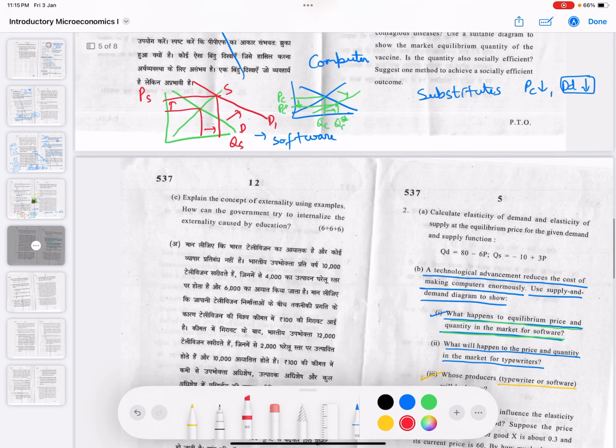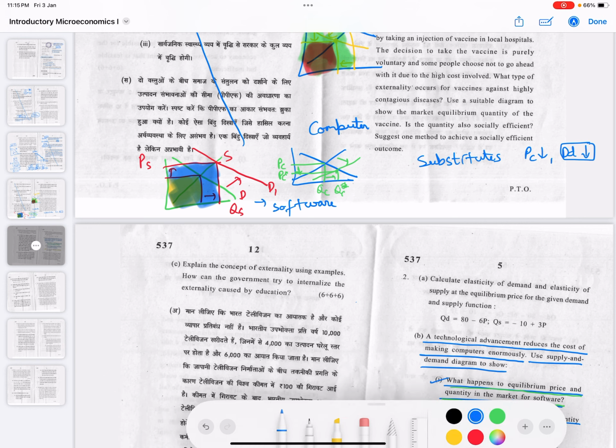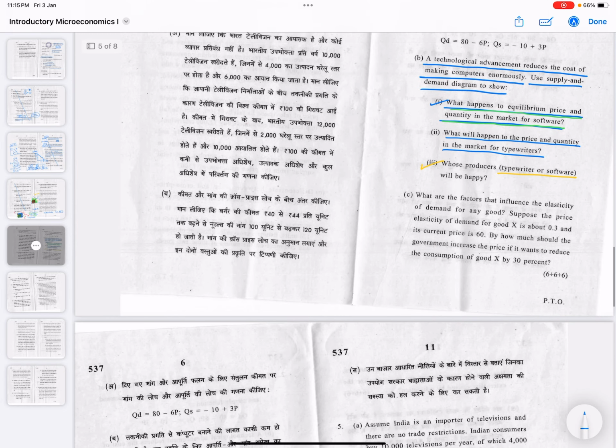Whereas in the case of software, you can see initially, okay, I'll draw this with blue. This is the new total revenue, whereas the initial total revenue is this much only. So the total revenue for the software producers has actually increased. So the software producers are more happy. Okay. Now we have done this.